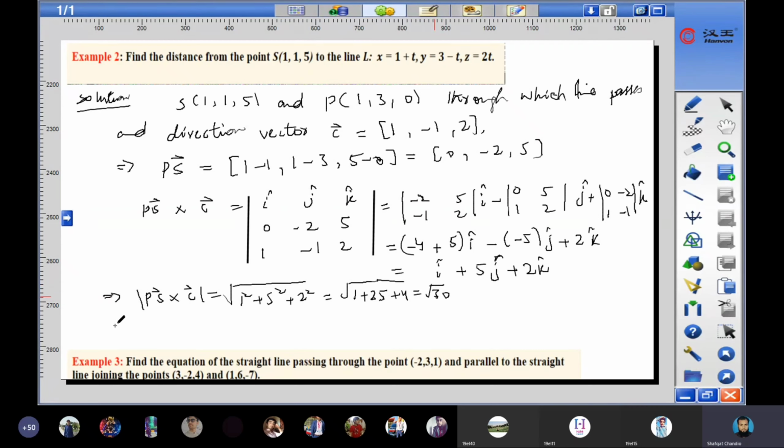And similarly, the magnitude of the vector C is equal to the square root of 1 square plus minus 1 square plus 2 square. Simplify, this will give you 1 plus 1 plus 4, so the square root of 6.